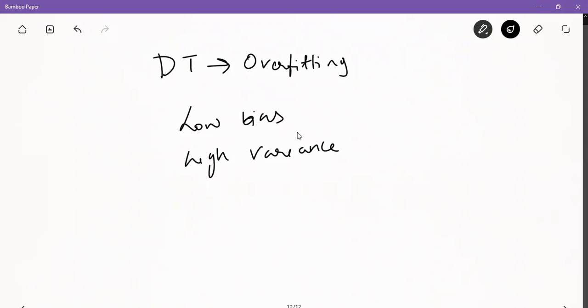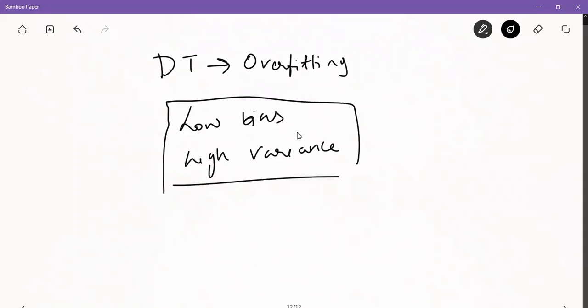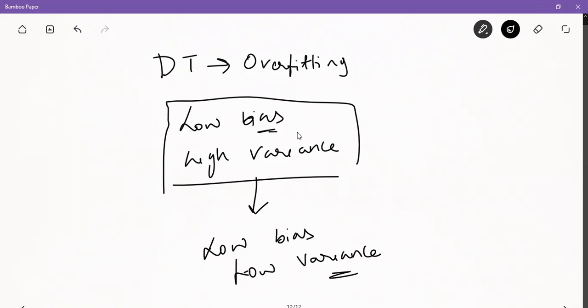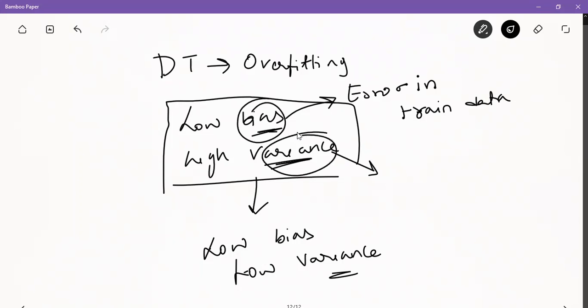But the ideal case for any machine learning algorithm would be low bias and low variance, right? So I hope you remember what variance and bias are. Bias, in simple terms, is basically the error in the training data, and variance is the error in testing data.